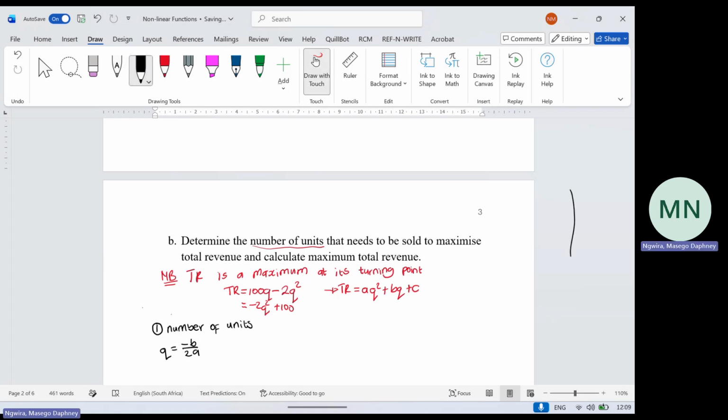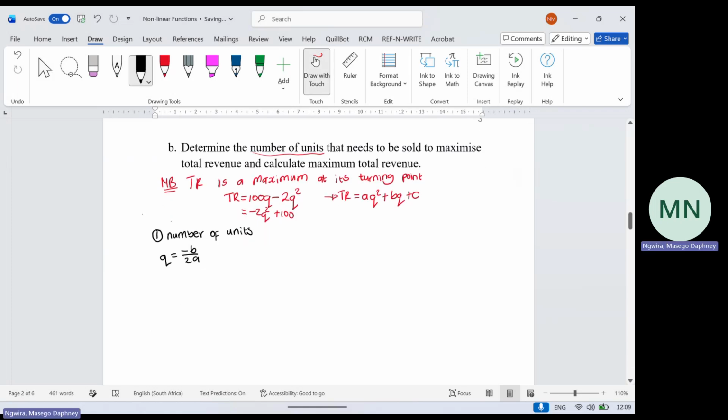Okay, I didn't write my B. So my A is equal to negative 2, and my B is equal to 100, which is the coefficient of Q, and then my C is 0.